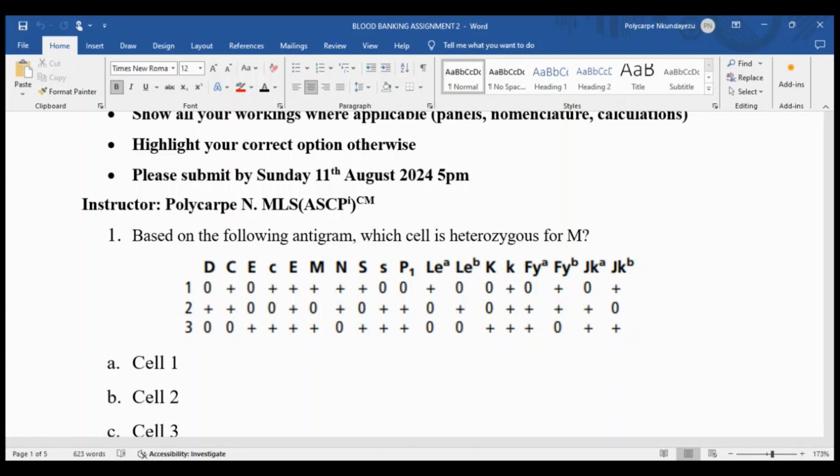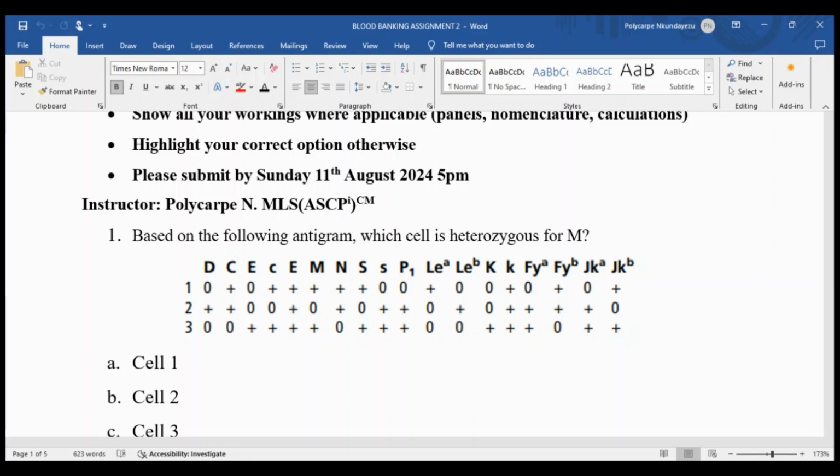So the first question says, based on the following diagram and antigram, which cell is heterozygous? So let me just connect another device to make sure that nothing interrupts us. Okay, we are there.